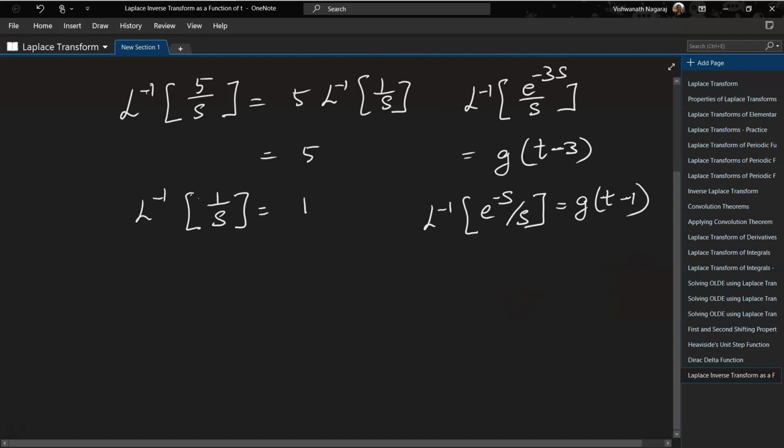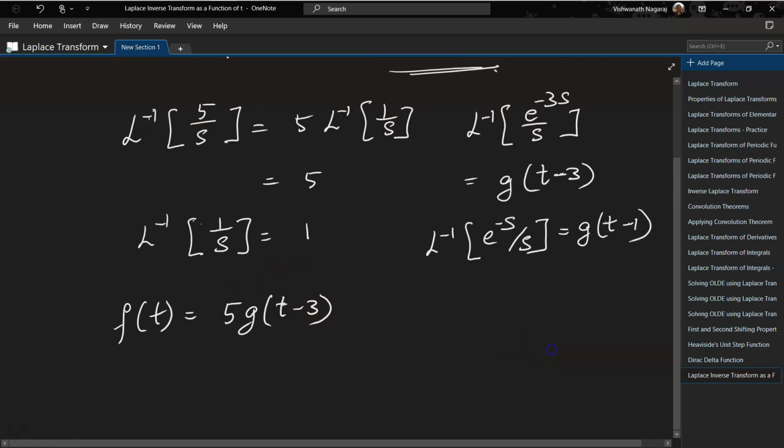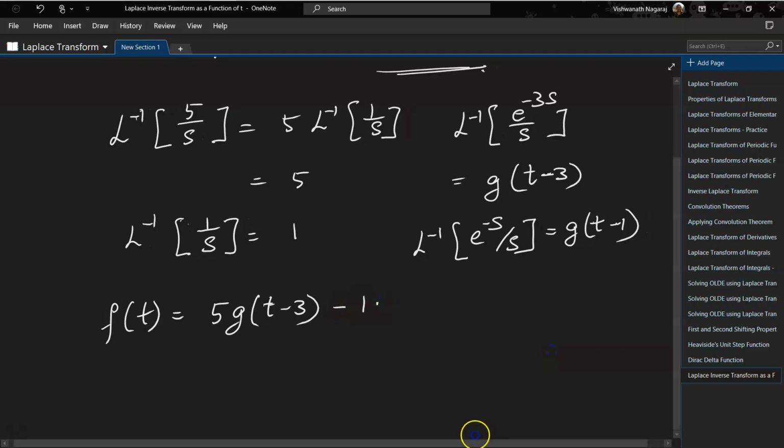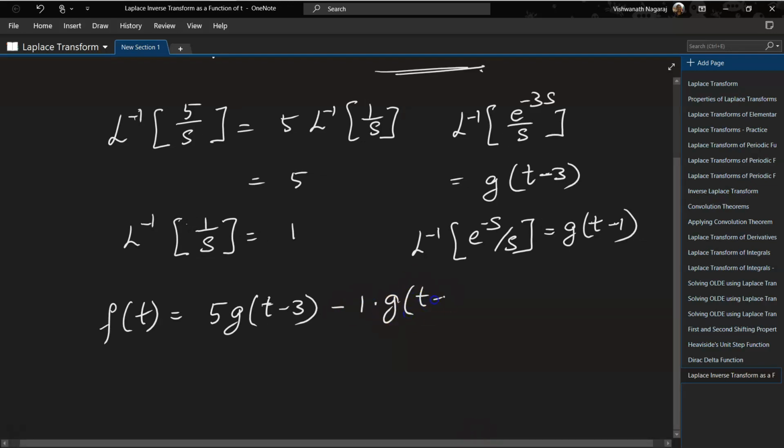So we have got all these parts. So now we can write f of t is equal to 5 times g of t minus 3 minus 1 times g of t minus 1.